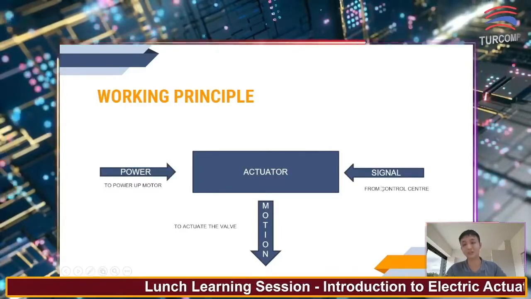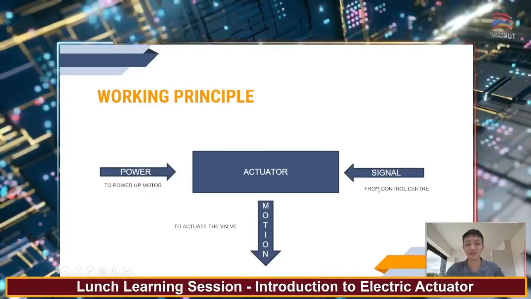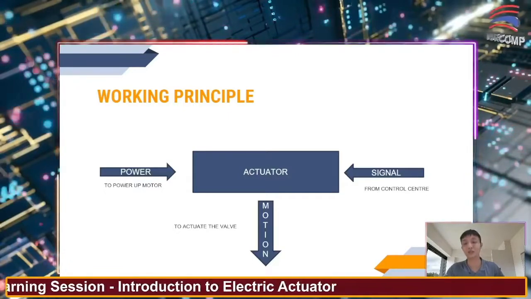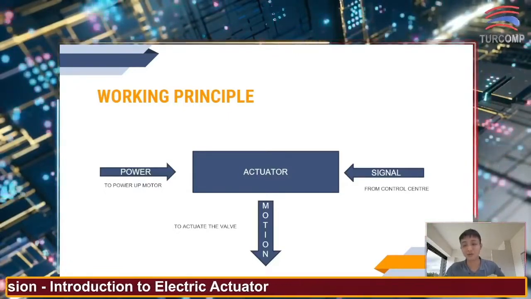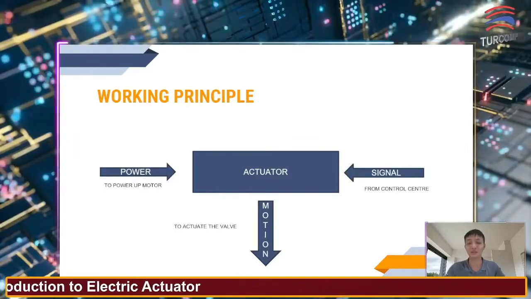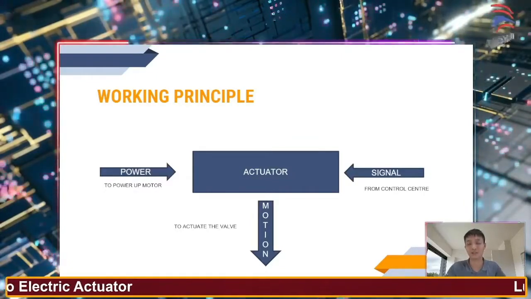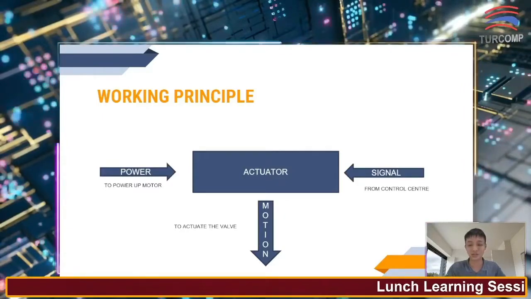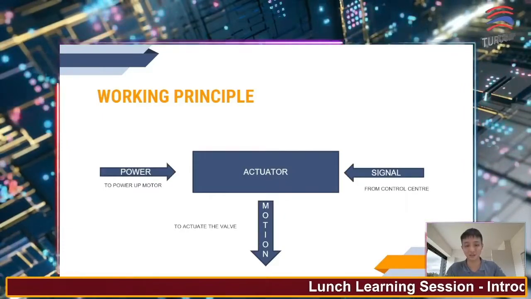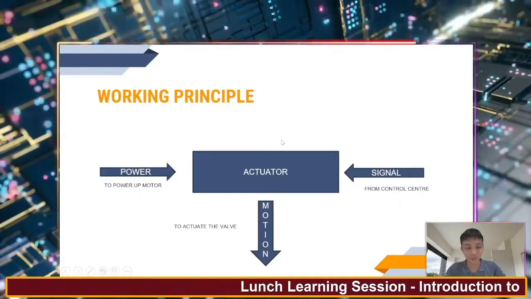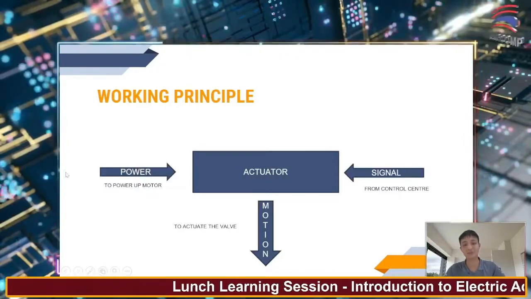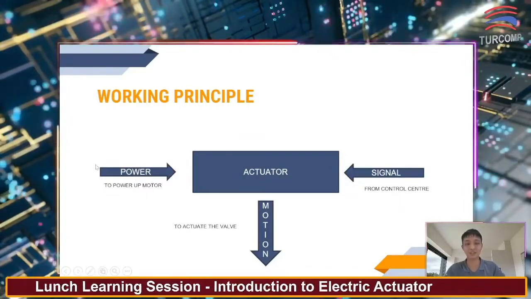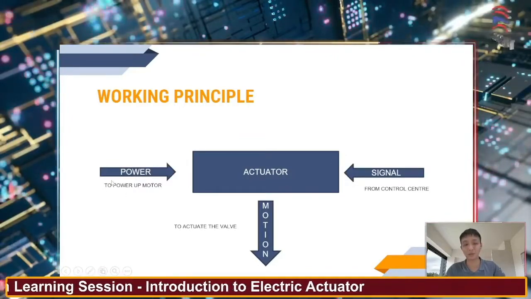The signal can of course be an electric signal from the control center, or it can be simply a switch from the operator, just like a light switch. You just switch on the light switch. This is the signal for the actuator, and then the power comes from another source. This power is basically to power up the motor.